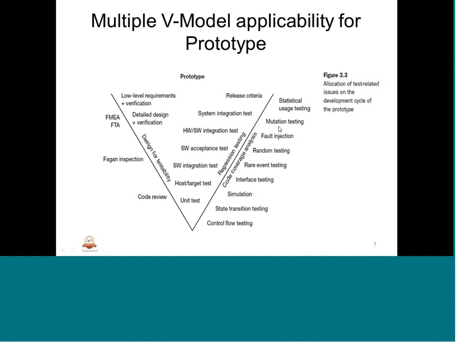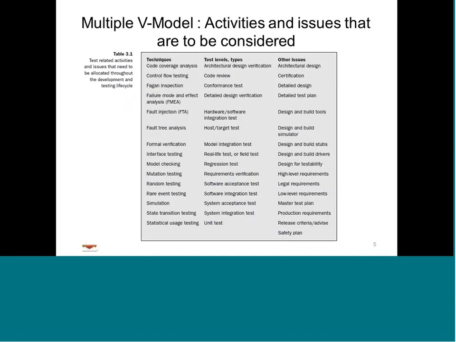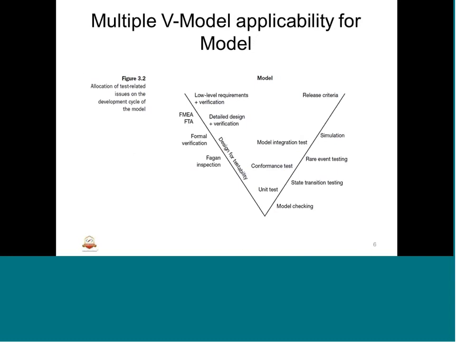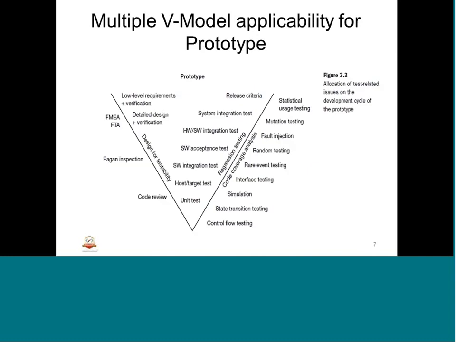Statistical usage testing, mutation testing, fault injection, data testing, rare event, interface testing, simulation, state transition testing, control flow testing. So this on the right hand side is all about the techniques that we apply for this prototype. This is an example of prototype V model when it comes under applicability under multiple V model life cycle.